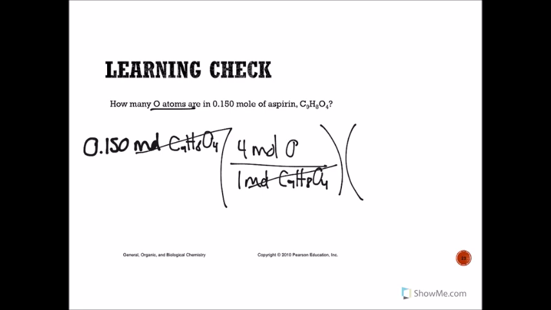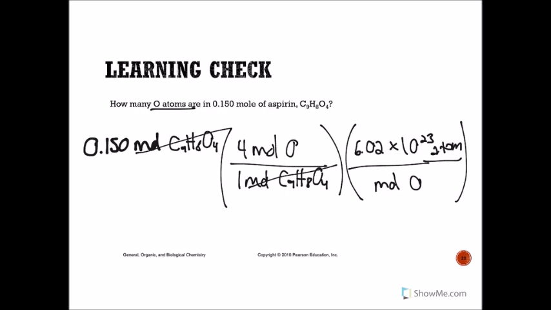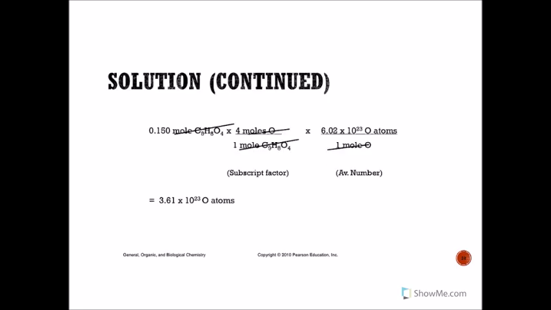So since we have moles on the top, we want to write moles on the bottom, and 6.02 times 10 to the 23 atoms on the top. If we take a look now, moles cancels off, and we're left with just atoms. And if we work that all out, we are going to get 3.61 times 10 to the 23 oxygen atoms.